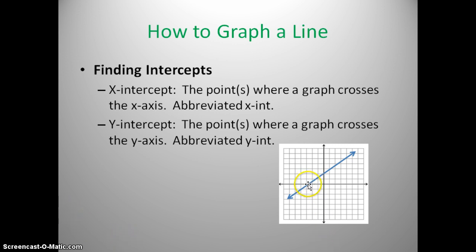So in this particular case, we have one x-intercept, and for a line, you'll have at most one x-intercept. The y-intercept is the point or points where a graph crosses the y-axis, and here we have this point here. And again, for a line, we will have at most one y-intercept, but for other graphs, you could have more.